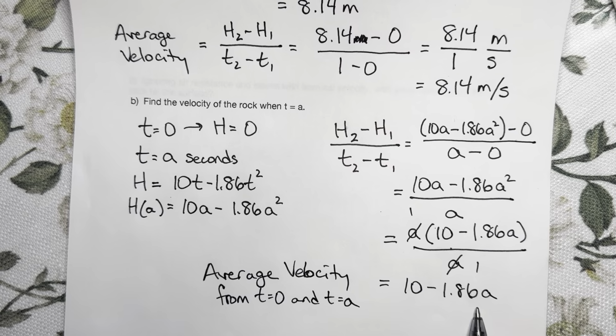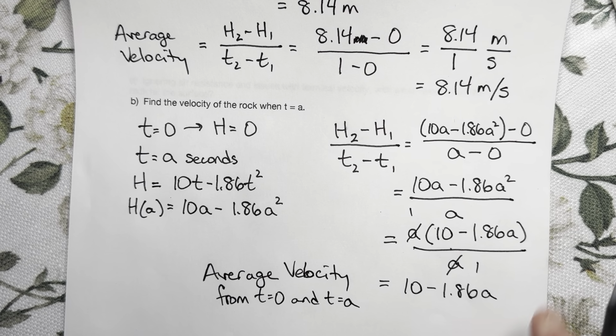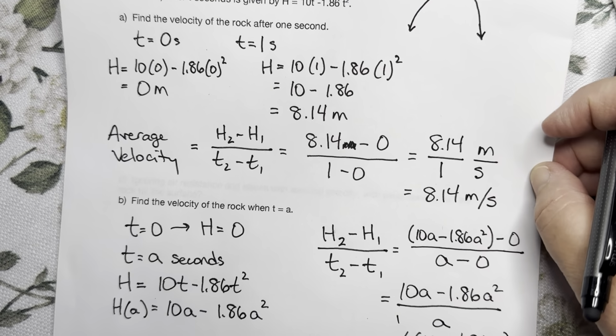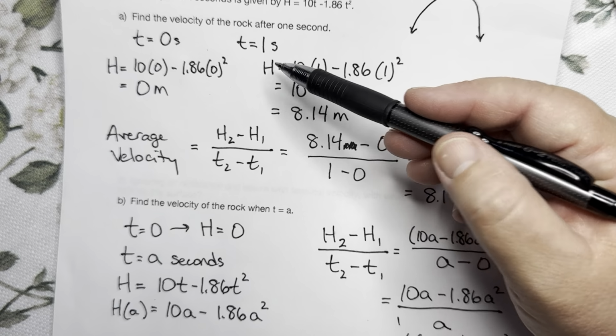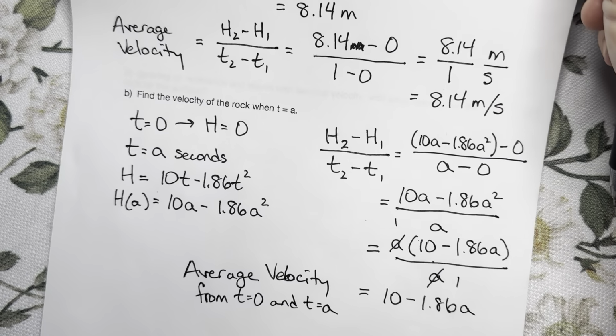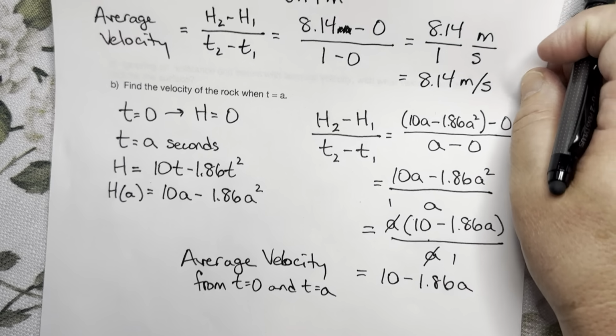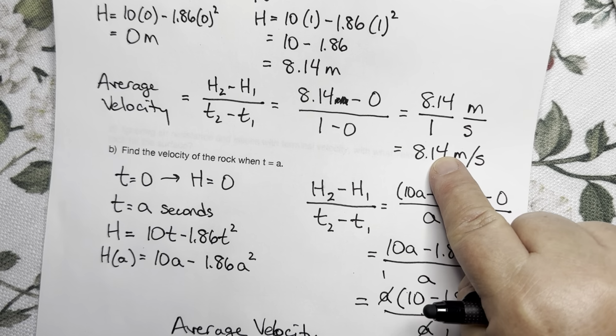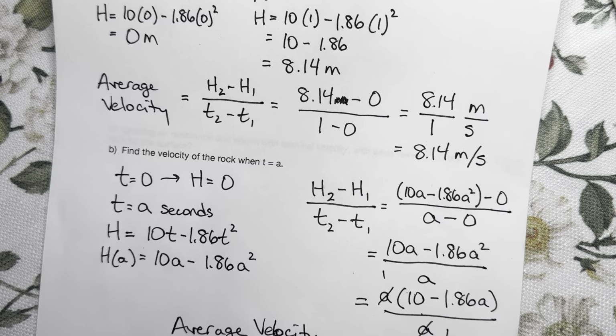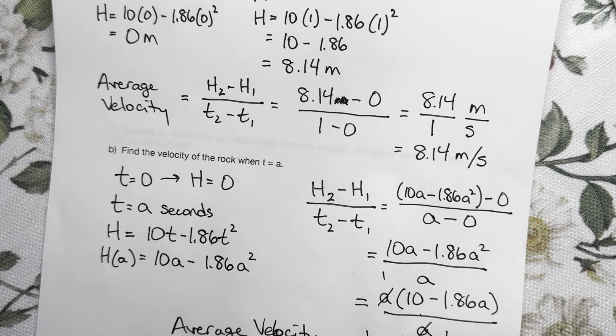And we can double check this formula because up here, the time was 1 second, so I could plug that in here. If I plug in 1, I get 10 minus 1.86 times 1. That's 10 minus 1.86, and that does, in fact, give us the 8.14. So life is good. Woohoo! And of course, I can write meters per second here. Put a little box around it. Make it so fancy.